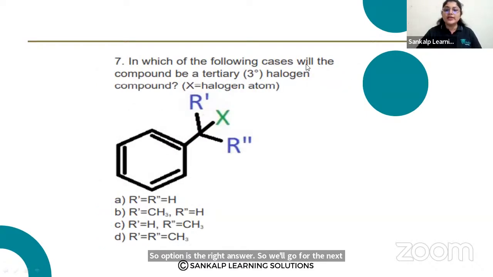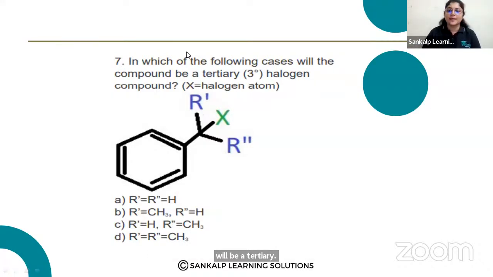In which of the following cases will the compound be a tertiary halogen compound? These are the options: A, R dash is CH3, R double dash is H; B, R dash is H, R double dash is CH3; C, R dash is H, R double dash is CH3; and D, R dash equals R double dash equals CH3. Based on which atoms R dash and R double dash are, when will it be a tertiary halogen compound?